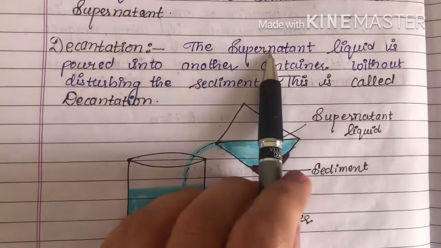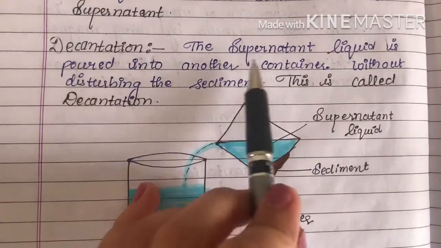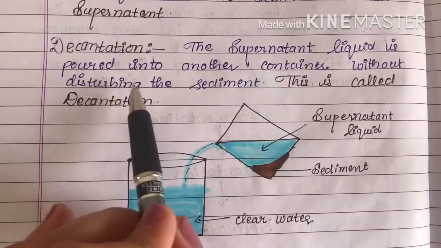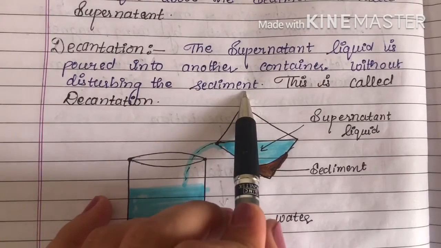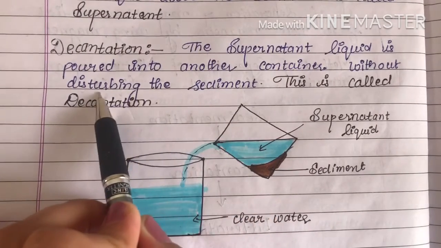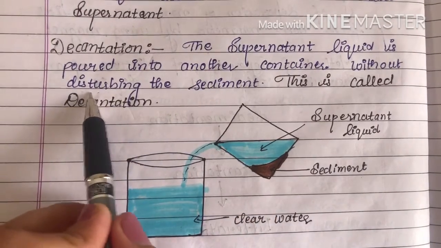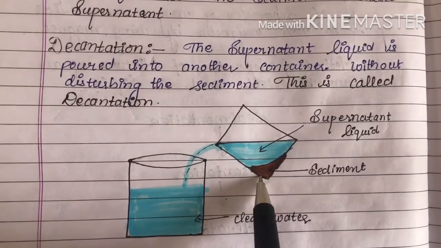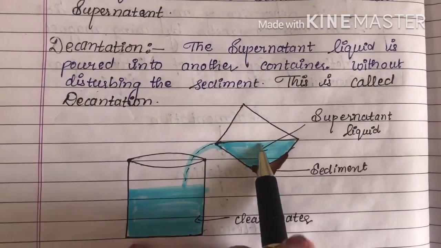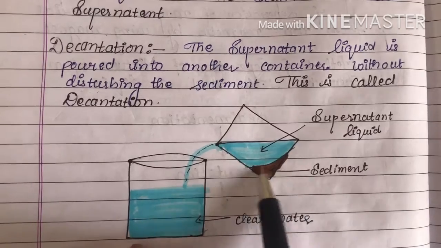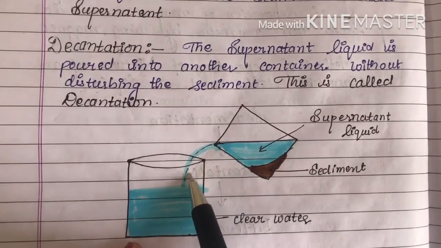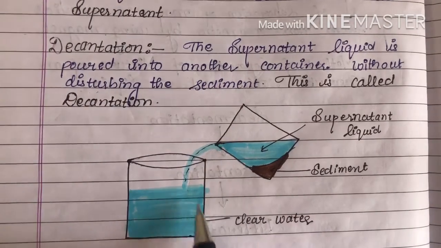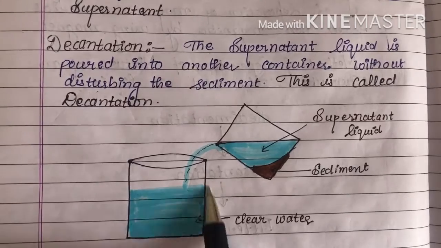In this, the supernatant liquid is poured into another container without disturbing the sediment. This is the supernatant and this is the sediment. We pour the supernatant into another beaker so that we get clear water.